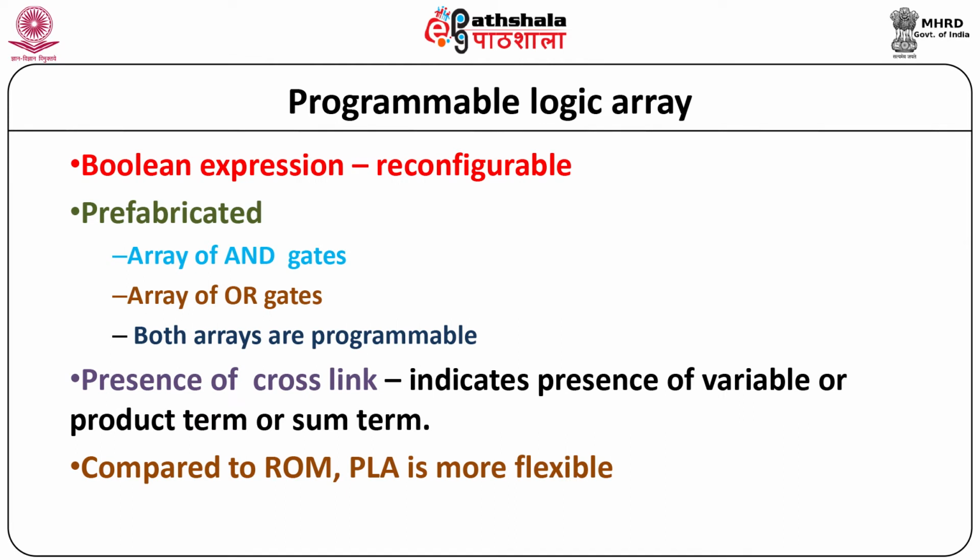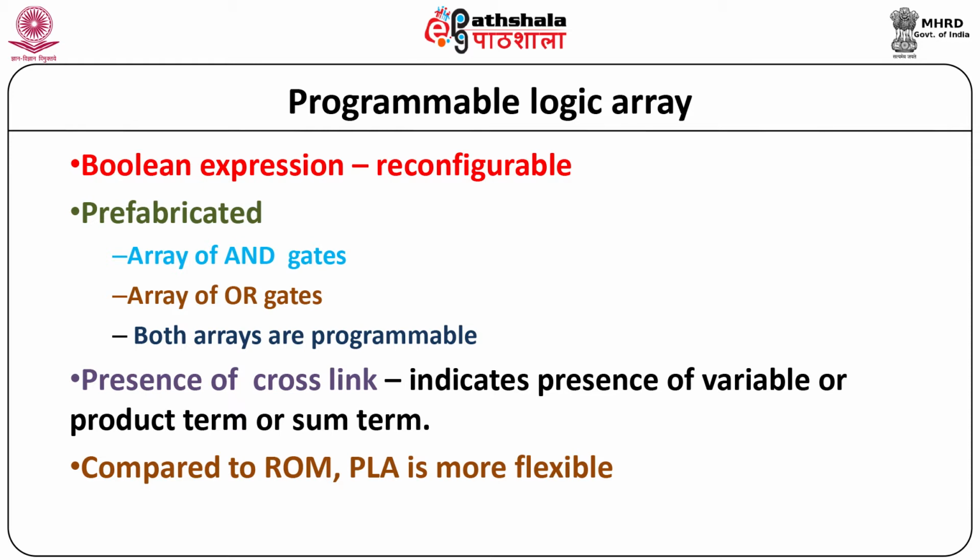Almost all digital systems require Boolean expressions for implementation of their hardware. In programmable logic array, the product and sum terms are programmable. This indicates one can reconfigure the PLA. PLA has an array of AND gates to generate product terms and an array of OR gates to generate sum terms.